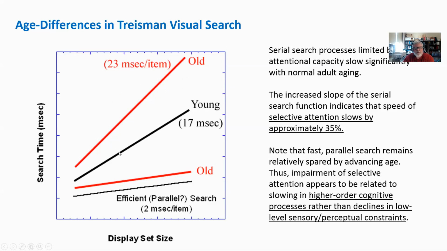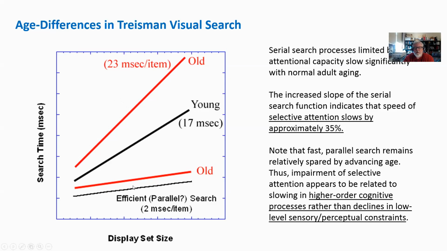In this case, for example, we see typically young people in the search paradigm might take 17 milliseconds longer for every distractor that's added, whereas in the case of older people, they take 23 milliseconds longer for every item that's added. And that's a 35%, if you will, slowing in processing speed in the case of the older adults.